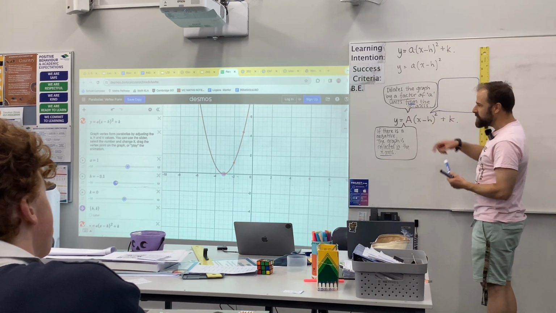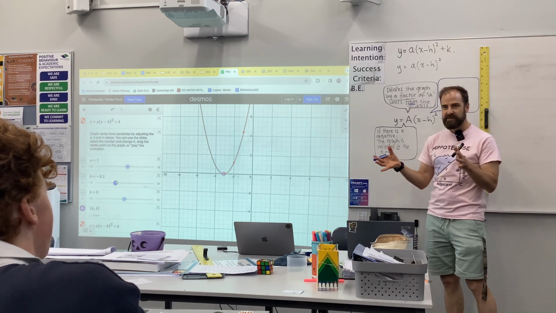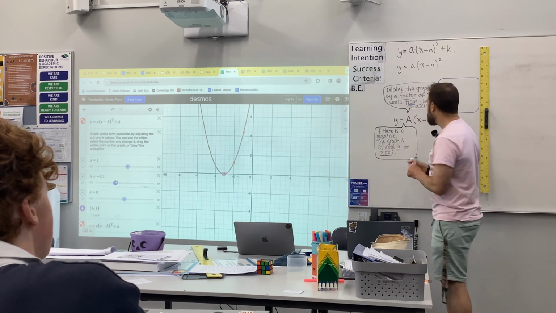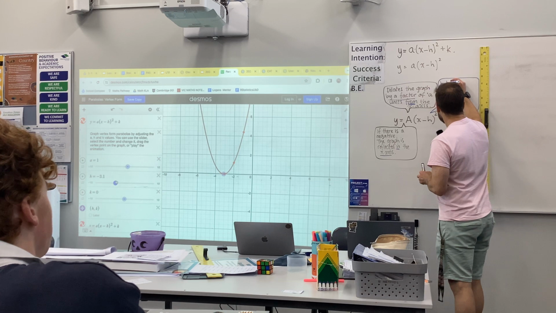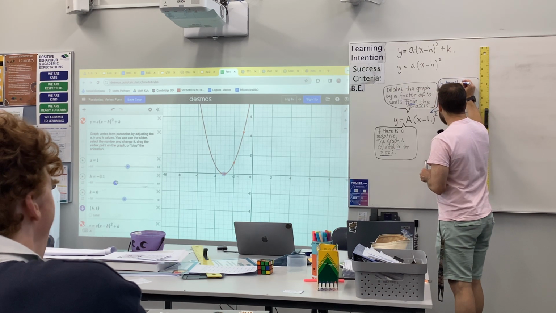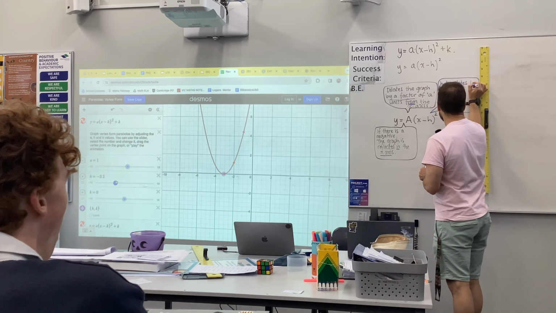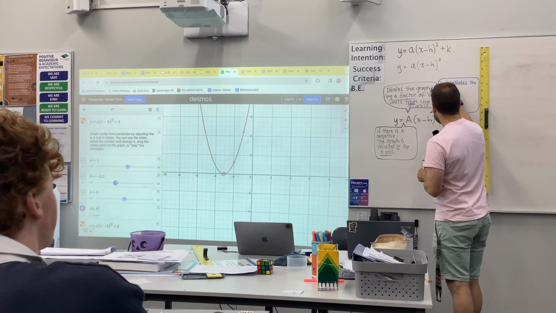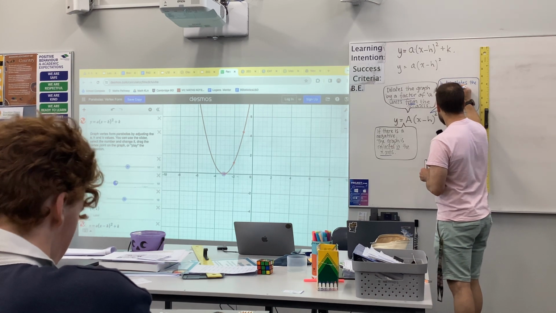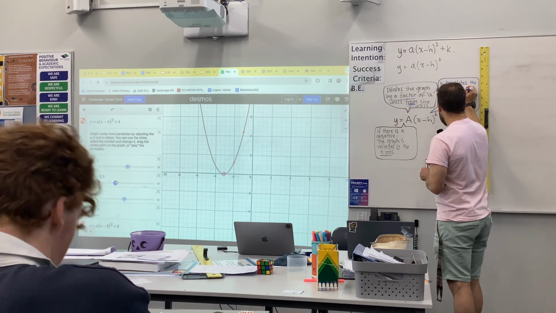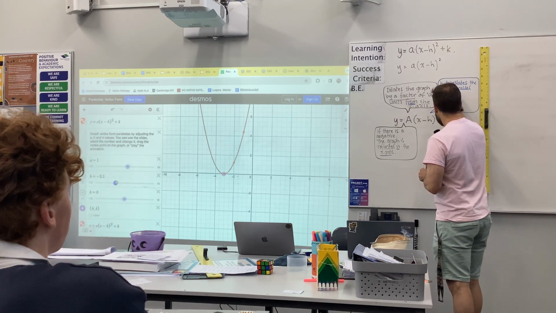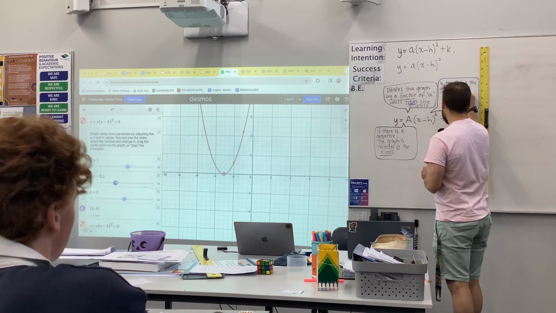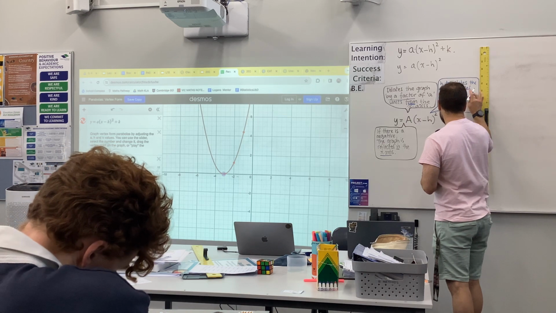But the h value translates the graph left and right. So, h translates the graph parallel to the x-axis.